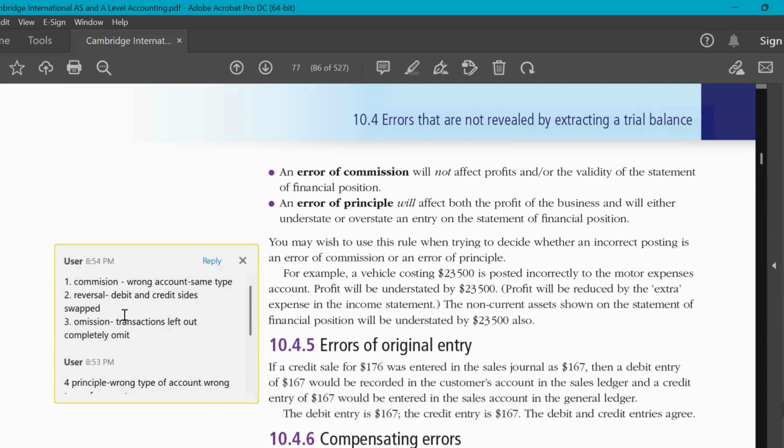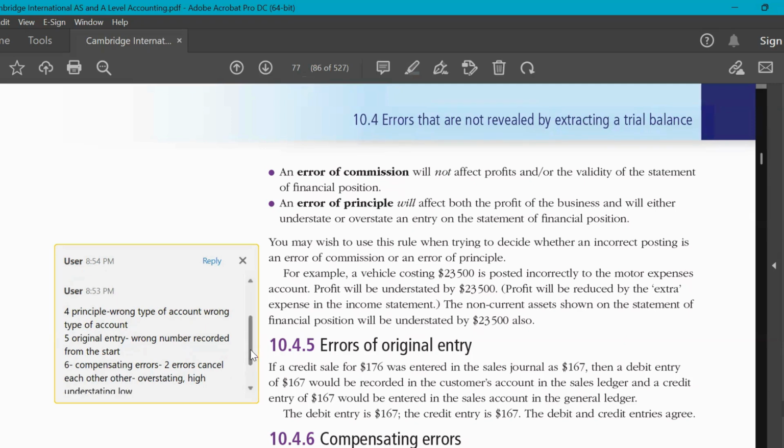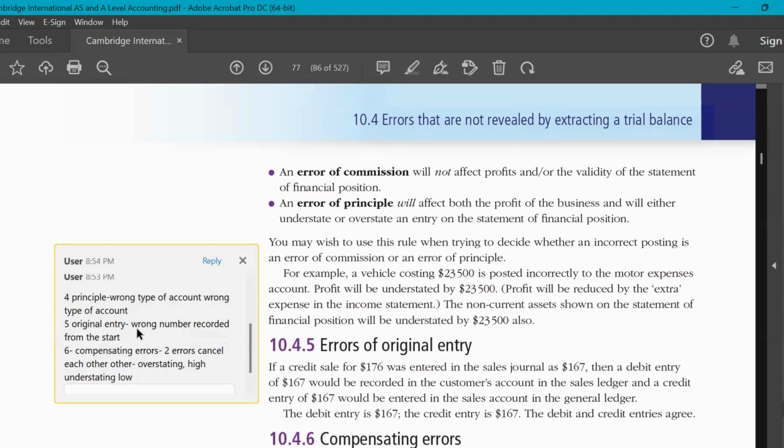Reversal, like complete swap of debit and credit sides. When we say omission, you omit the transaction, left out completely. The error of principle, wrong type of account. Original entry, wrong number. And the compensating error is of course the overstating, errors cancel each other.